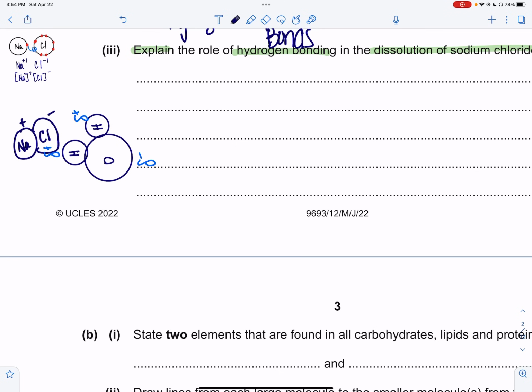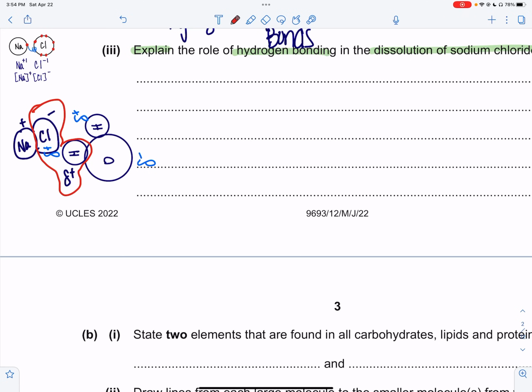Oh, notice that the partially positive hydrogen atom of the water molecule, in the way that I arranged it, would attract itself to the negatively charged chloride ion. Same rationale: opposite charges will attract each other.